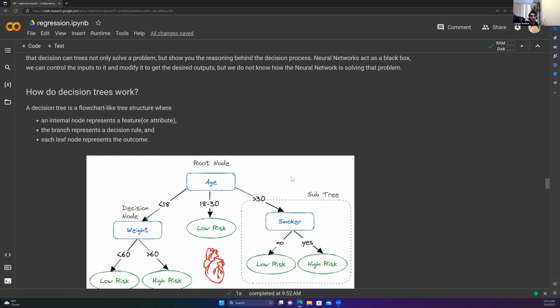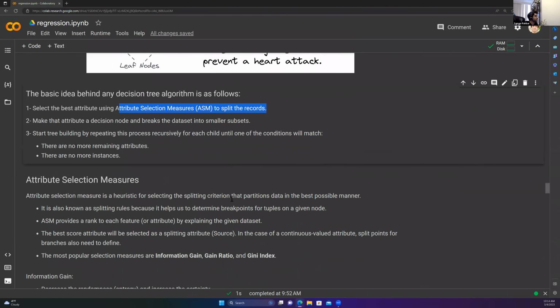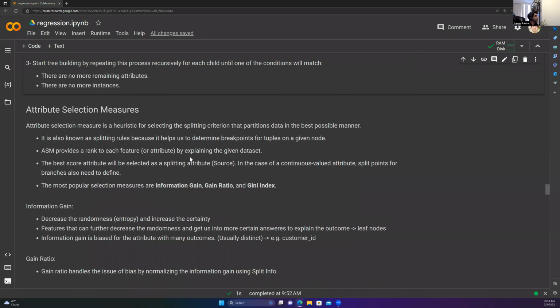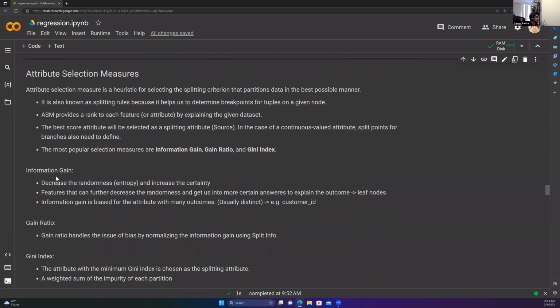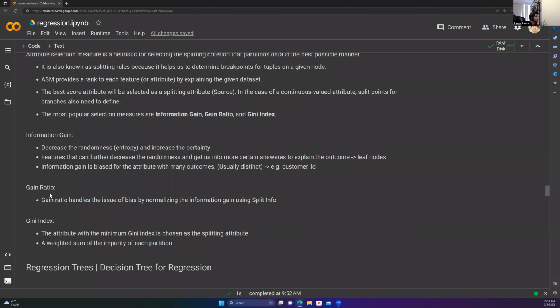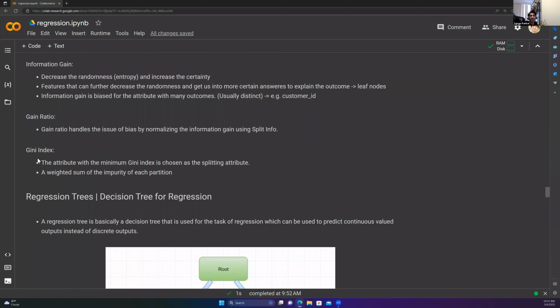So in order to do that, we have different criteria, and one of them is information gain. The other one is gain ratio. The other one is Gini index.